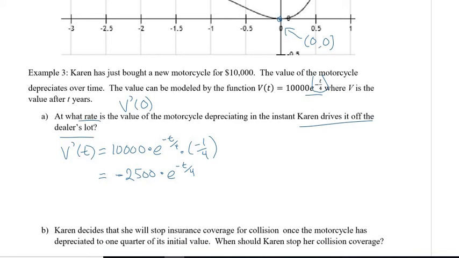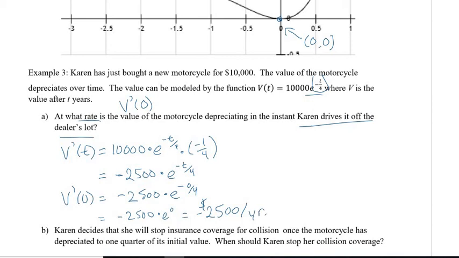So now that we have that, we can plug in 0 for t. That becomes -2,500 times e to the -0 over 4, or -2,500 times e to the 0, or -2,500. And that's -2,500 per year, which essentially just means that when we start the first year, we're losing $2,500 on average per year.